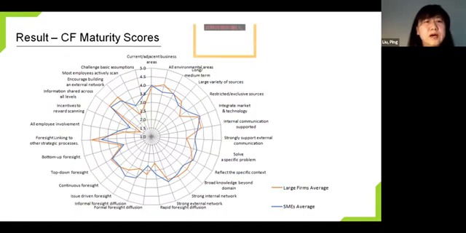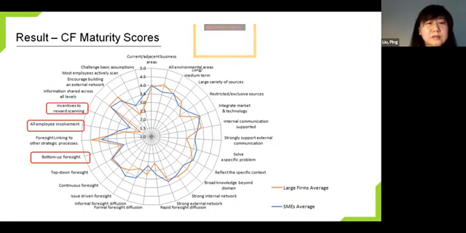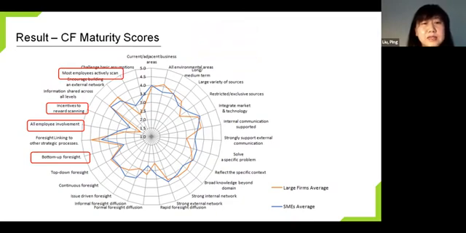And for corporate foresight maturity scores, both large firms and SMEs have low bottom-up foresight or employee involvement, incentives to reward scanning, and most employees actively scanning for trends.